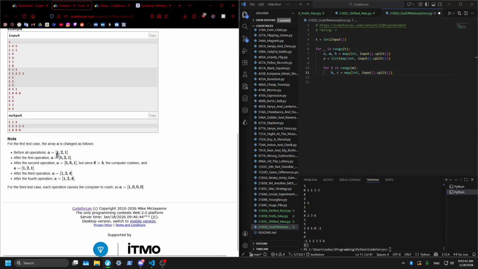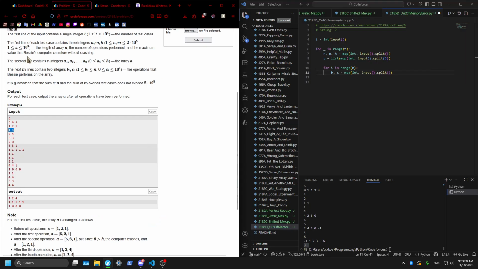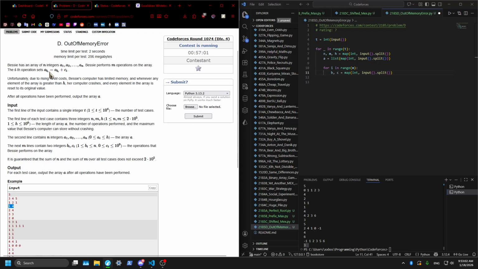Let's just look at the examples. First test case, array A is changed before all operations. Okay. After the first operation, this is B, C. So it's saying A_B_i.